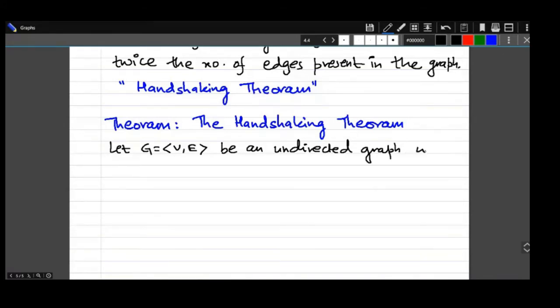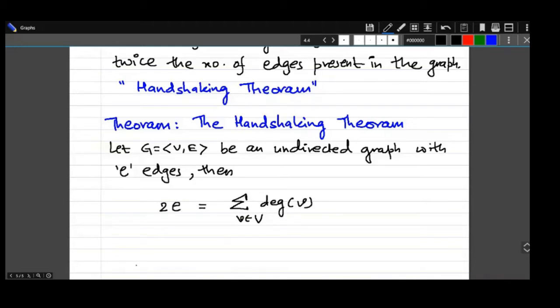Okay, with, let's say, E number of edges, then what we say is: the summation of the degree of all the vertices v, where small v is a subset of, sorry, small v is in capital V, meaning it is a vertex in the set of vertices, is twice the number of edges.